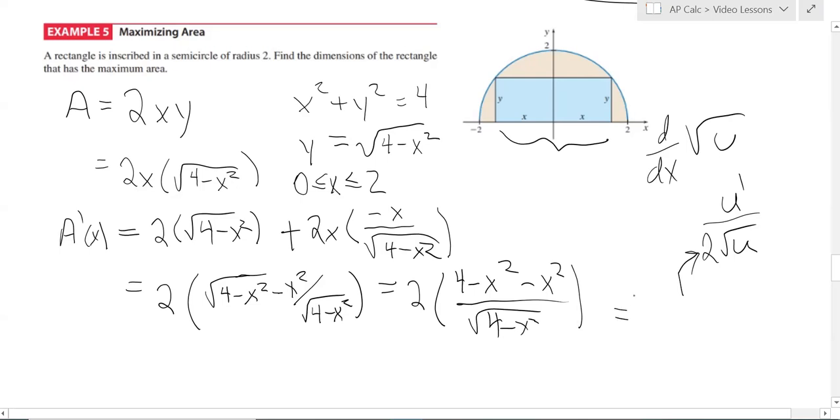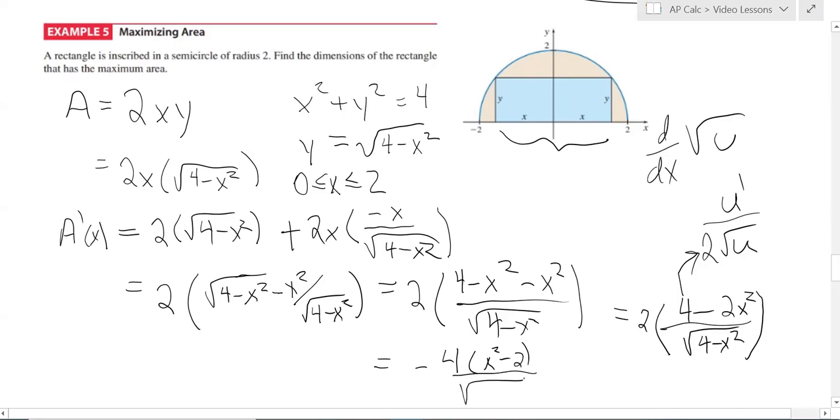And then we can simplify that and get 2 times 4 minus 2x squared over the square root of 4 minus x squared. And then we could factor out a 2 and a negative from the numerator, and this would give us negative 4 times x squared minus 2 over square root 4 minus x squared.